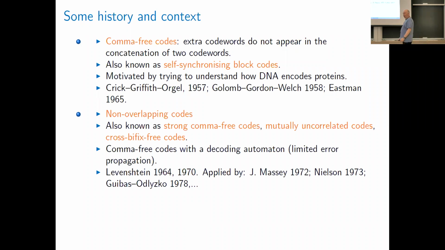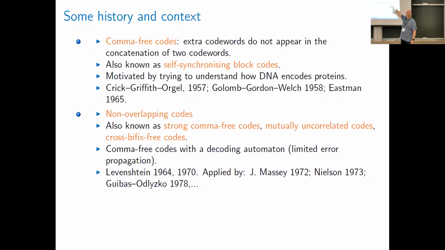And then we have non-overlapping codes. These are known as strong comma-free codes, partly because they are a type of comma-free code. If you look at it, it's a stronger condition than the comma-free property. But they've also got other names, mutually uncorrelated codes or MU codes.